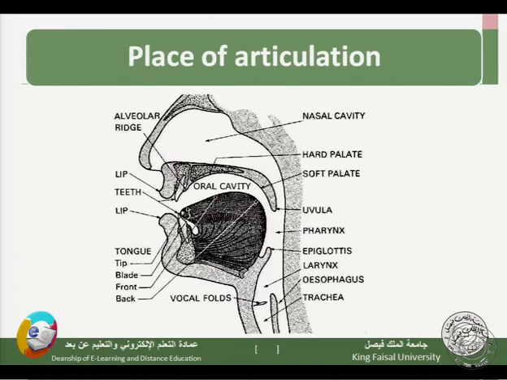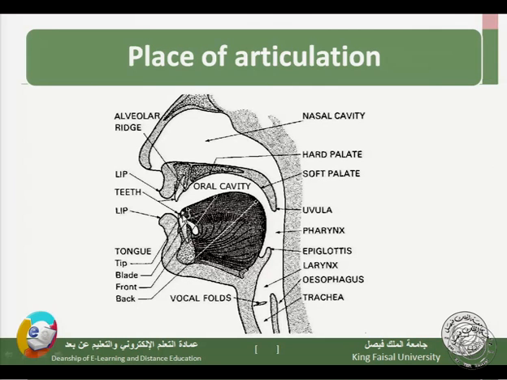If we go back to that picture, this is our tongue. All this is the tongue. As you can see, the tongue is divided into 4 parts. We have the tip of the tongue.